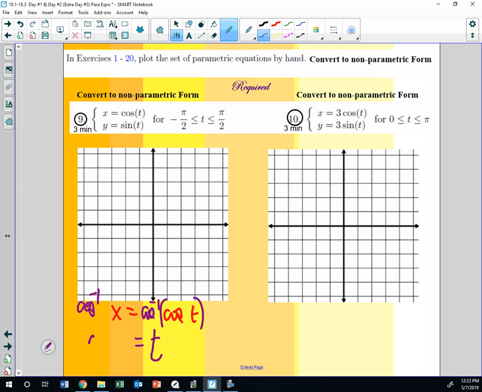That's just going to be cosine inverse of x. So wherever you see a t, we can replace it with the cosine inverse of x. So y equals the sine of what? T. So t is cosine inverse of x.